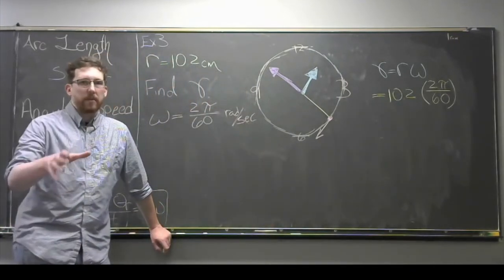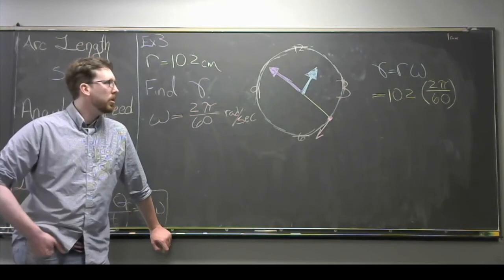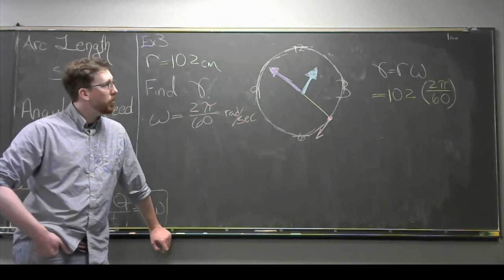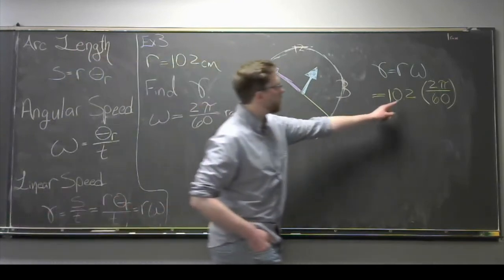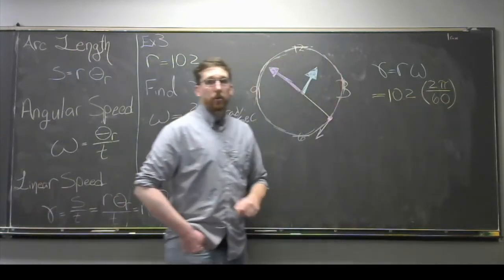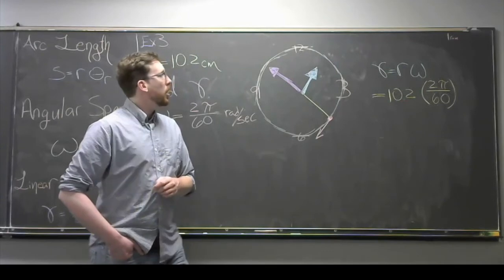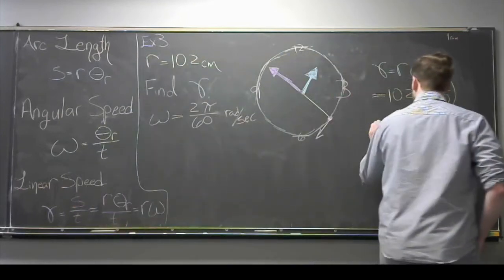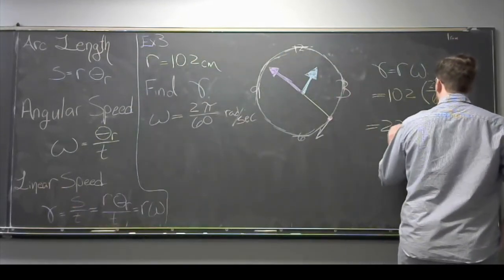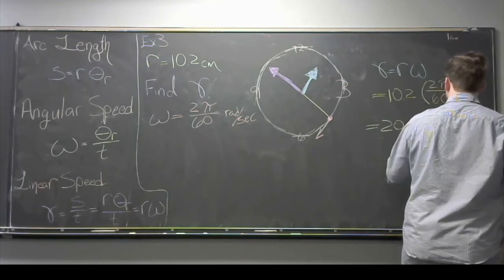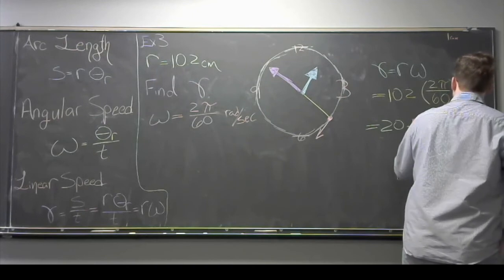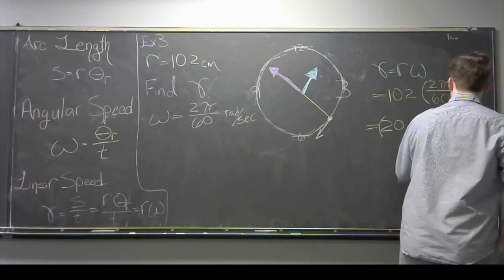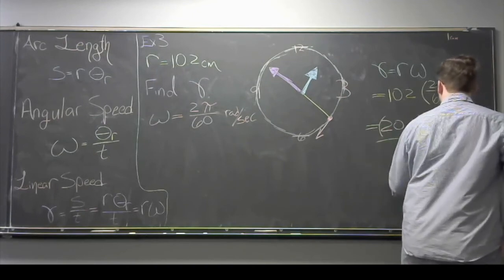We can rewrite some of this. The easiest way to rewrite it would just be to multiply that 10.2 by 2. We're going to get 20.4 times pi all over 60.